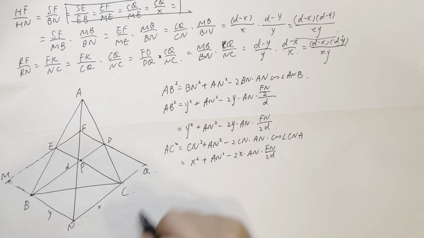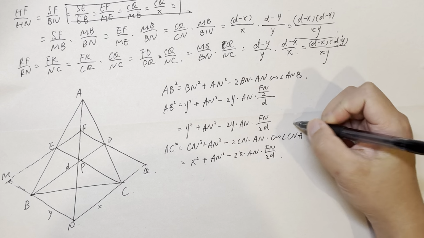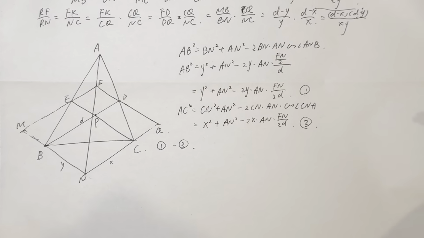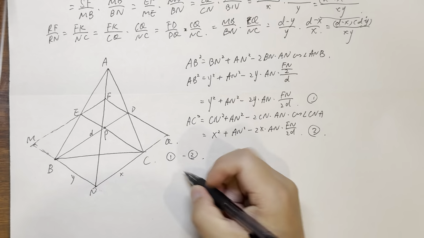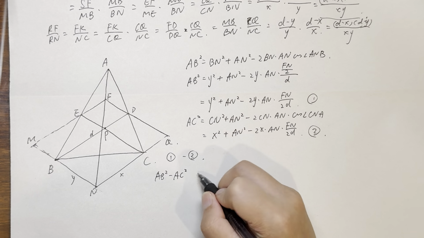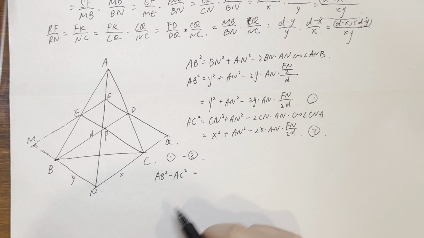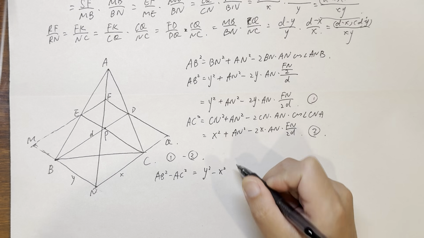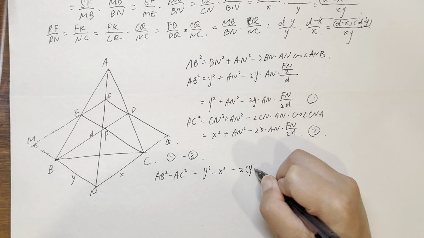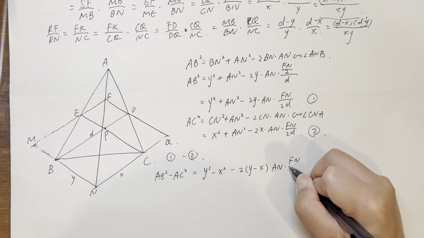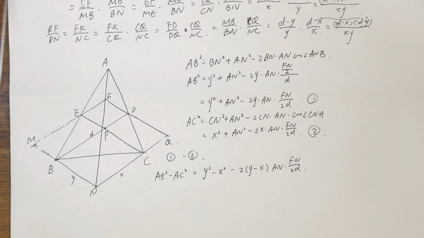So let's set this one as 1, this one as 2, so 1 minus 2. We can get AB squared minus AC squared equals y squared minus x squared, minus 2(y minus x) AN FN over 2D, right? And the 2 can cancel.